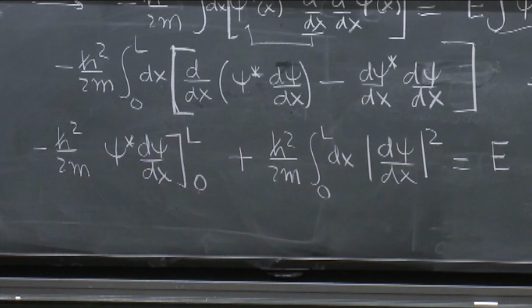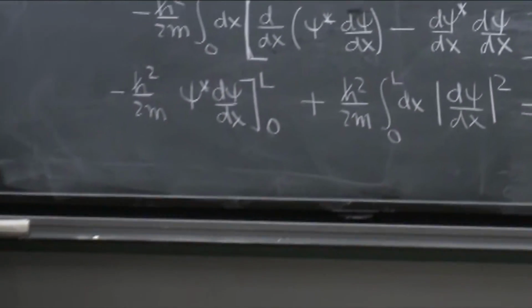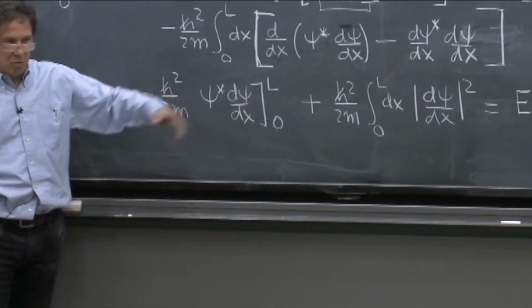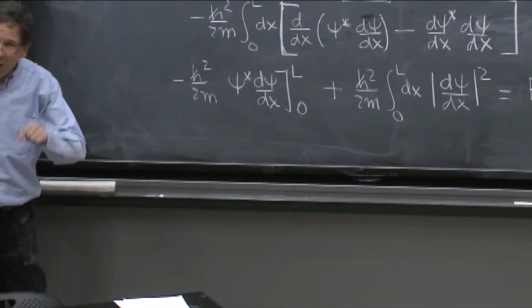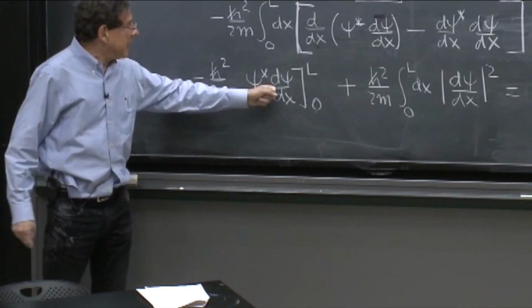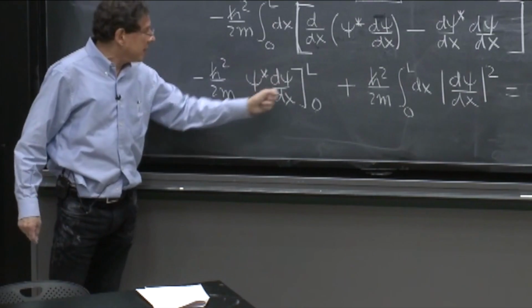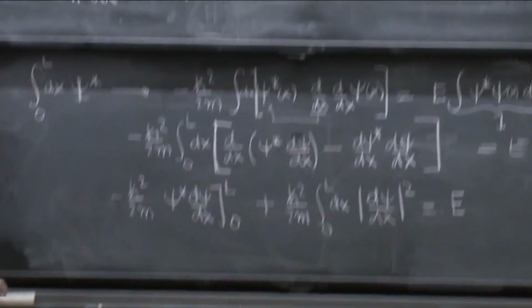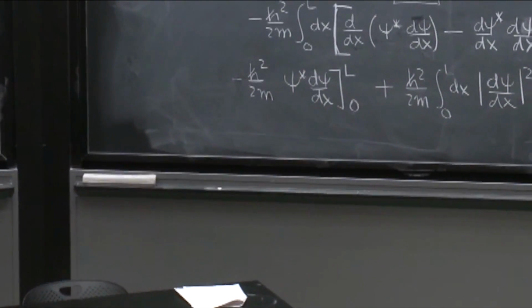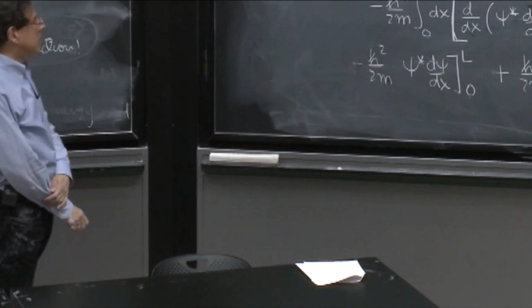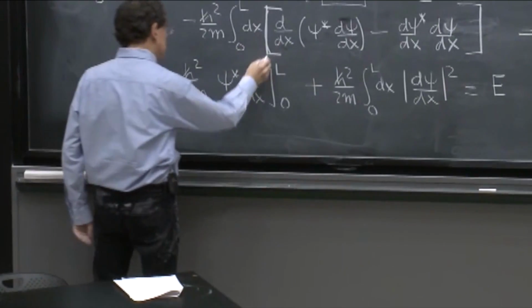This is not the point at infinity. I cannot say that the wave function goes to 0 at L because you're going to infinity. No, but I have a better argument in this case. Whatever it is, the wave function, the derivative, everything is periodic with L. So whatever values it has at x equals 0, it has at x equals L. So this is 0.